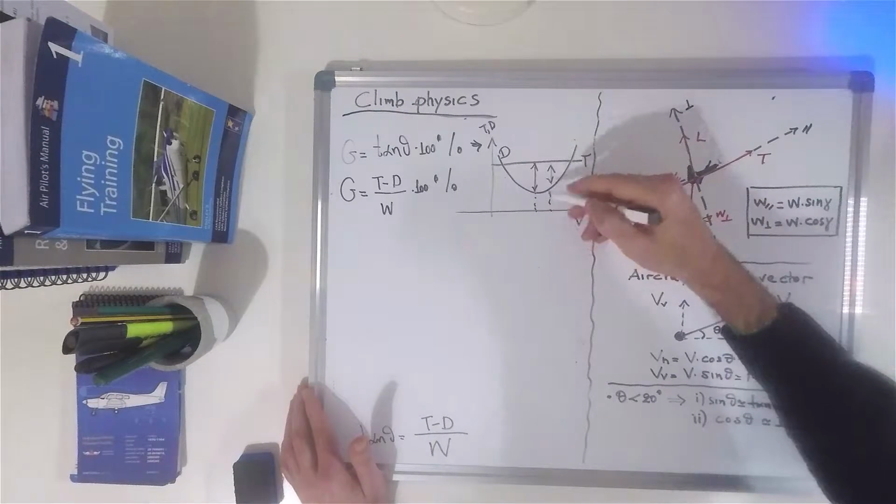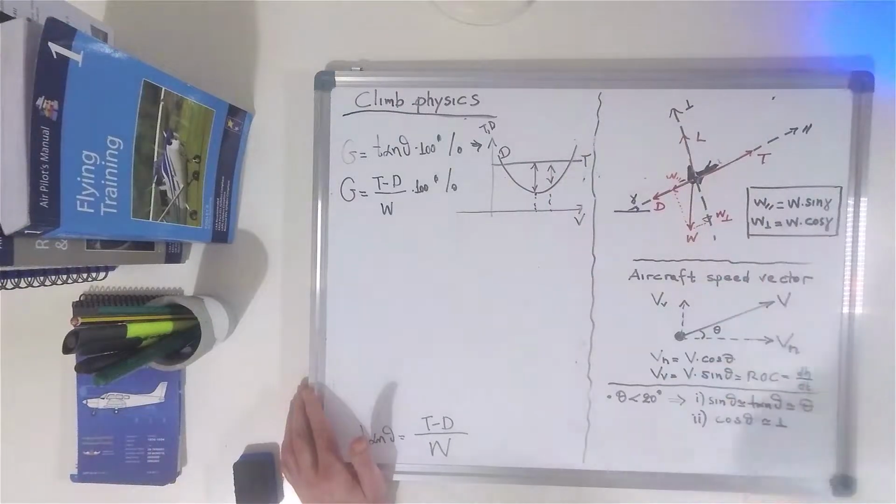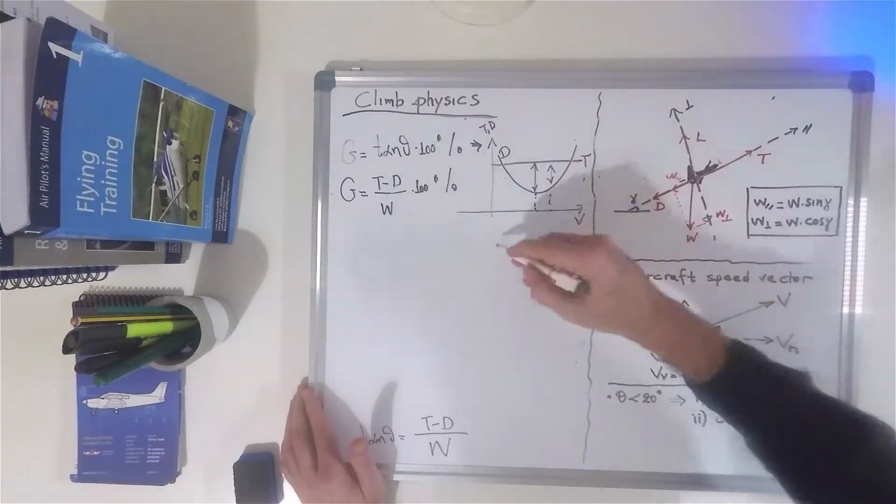So we can see that there is one speed where that difference is maximum.